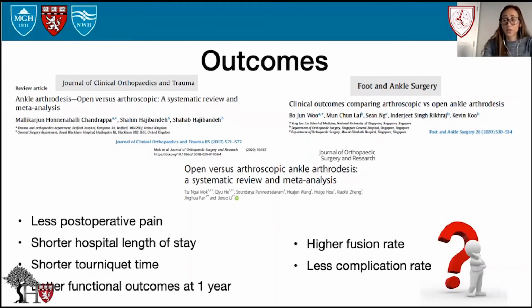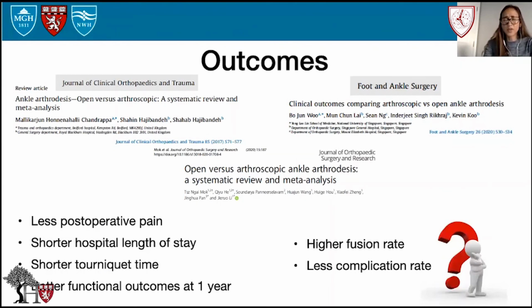They have a shorter hospital length of stay, and some centers are even considering doing these arthroscopic arthrodeses in an outpatient setting, compared to patients that have an open approach, who most of the time, if not all the time, are required to stay in the hospital at least for 1 or 2 days. All the studies have also shown a shorter tourniquet time and less blood loss.